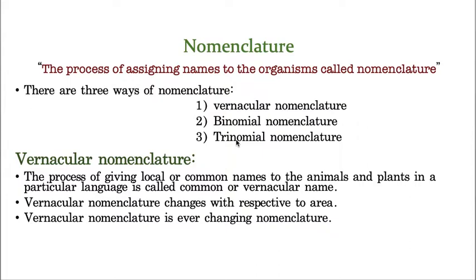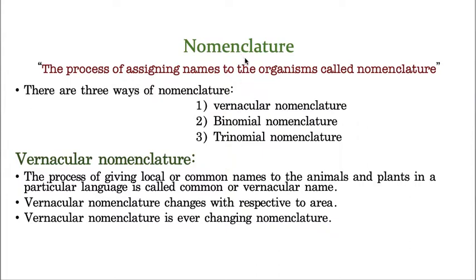Into whichever group this new organism shows more similarities, in that particular group you will include the newly identified organism. Hope you understand. That means identification is the process of identifying an unknown organism by comparing it with already known organisms. Hope you understand what is identification.